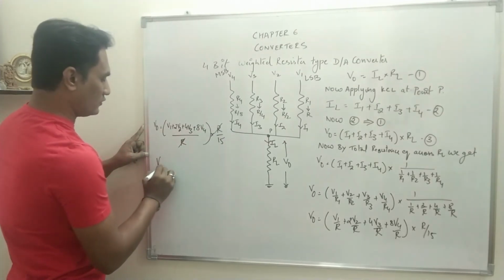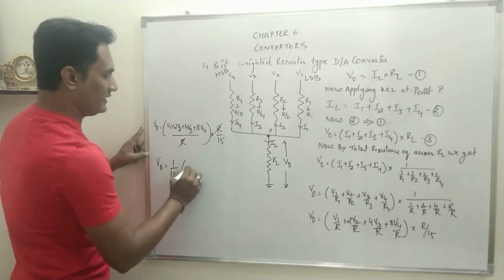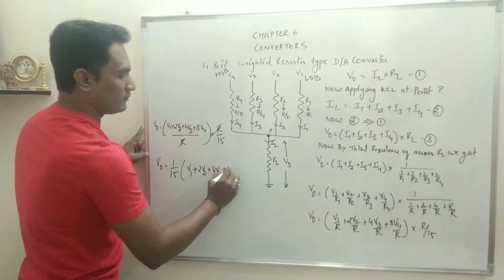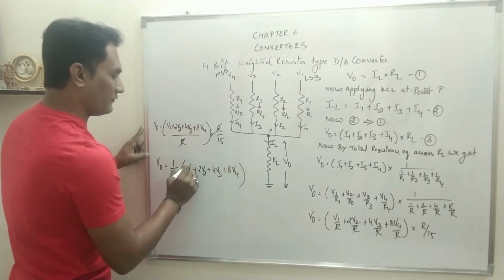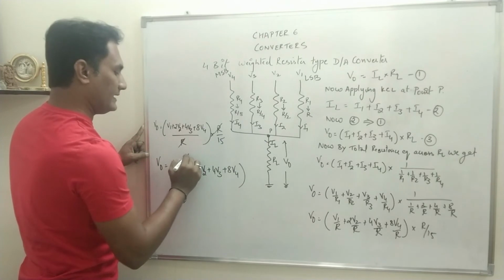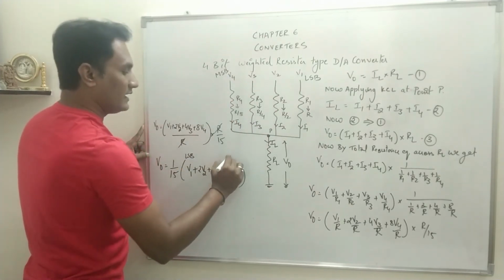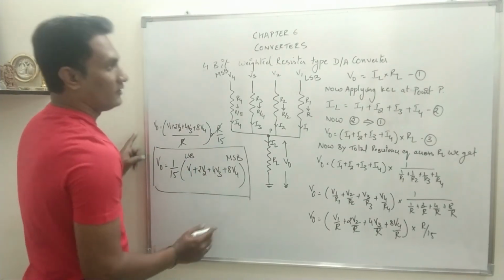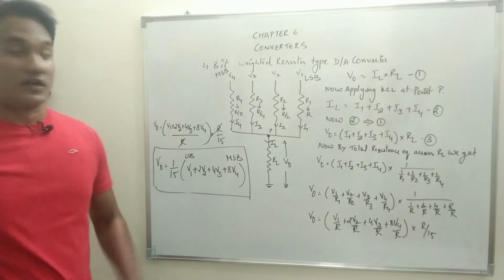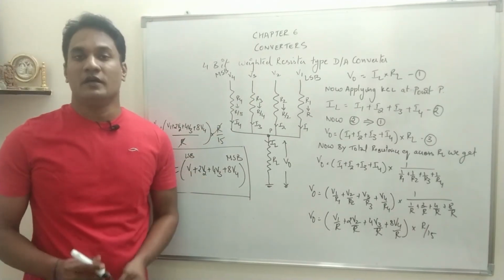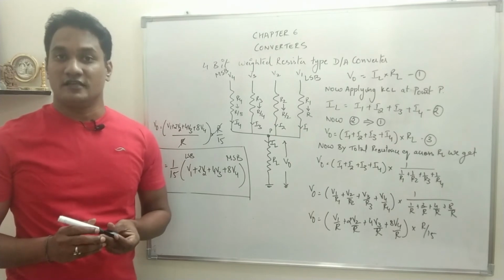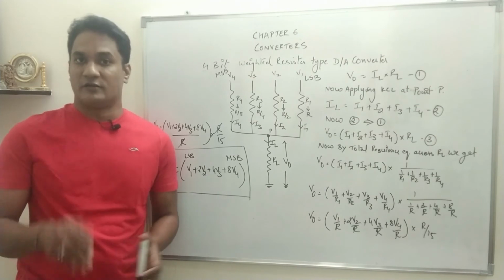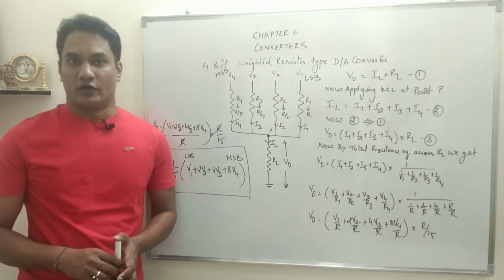R and R get cancelled, so output voltage is 1 upon 15 times V1 plus 2V2 plus 4V3 plus 8V4, where V1 is LSB and V4 is MSB. This is the output voltage equation for a 4-bit weighted resistor type D2A converter. Using this equation, we can easily convert a binary value into analog voltage, that means a digital signal into analog voltage.